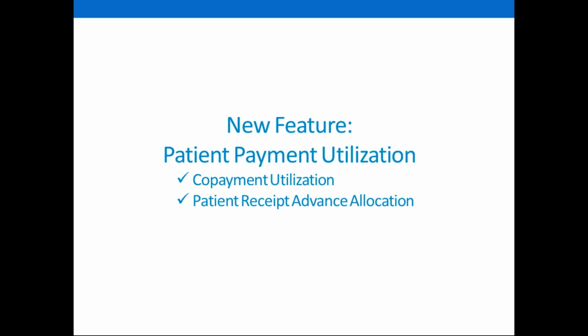Now moving outside of insurance EOBs, we've got some additional payment level enhancements. First of all, at the patient payment level, there's a full utilization tracking now for co-payments as well as patient receipts. Previously, when version 3 came out, we introduced the advanced tracking where you were able to track an advance payment.